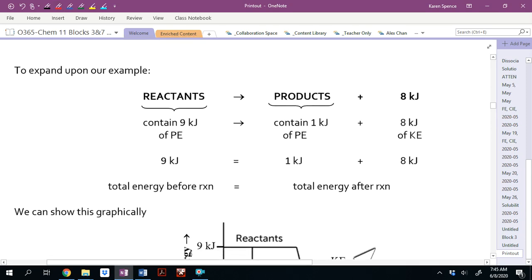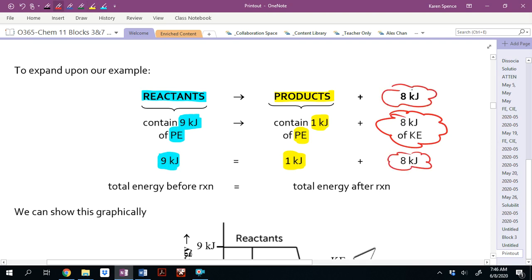So let's take a look at this again. We have our reactants, and they have 9 kilojoules of potential energy. We have our products, and they have 1 kilojoule of potential energy. Where did that extra 8 kilojoules go? It came out as 8 kilojoules of kinetic energy.